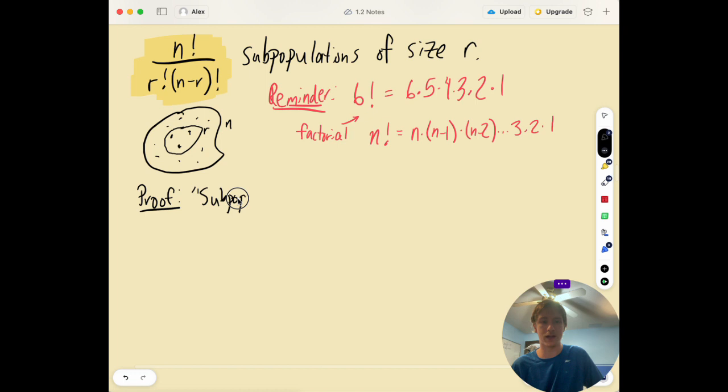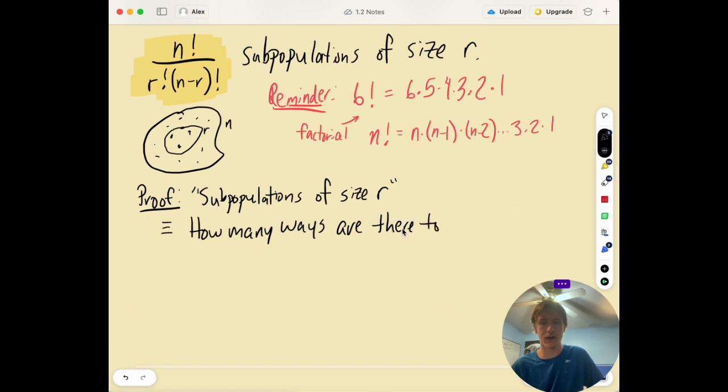When it says subpopulations of size r, what that's saying is, this is equivalent to asking how many ways are there to pick R objects from a population of n objects.